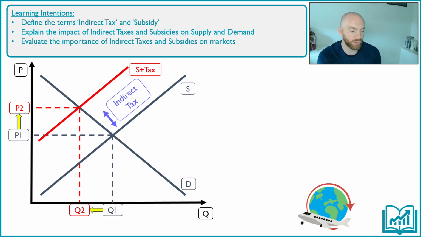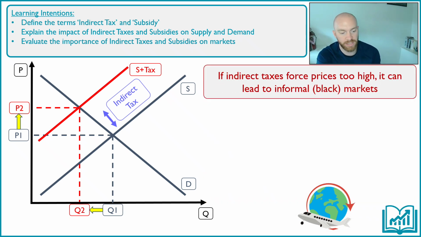Another counterbalance could be that an indirect tax might send prices too high. And that can lead to informal markets, which is where people buy those goods illegally and sell them illegally off the record. Okay, so we call these informal markets. They might be black markets. Lots of ways to key term this idea.